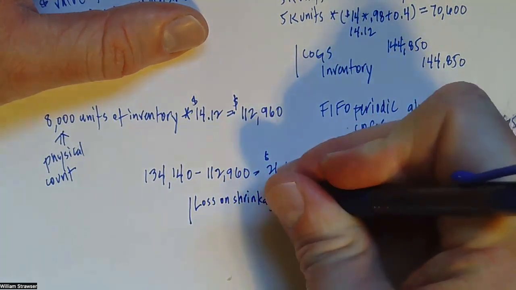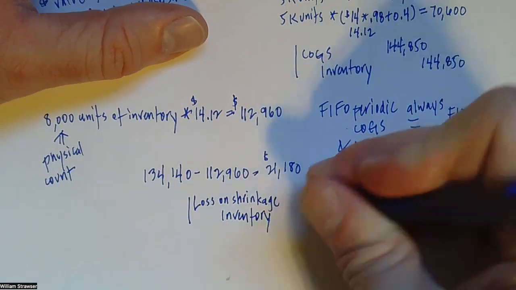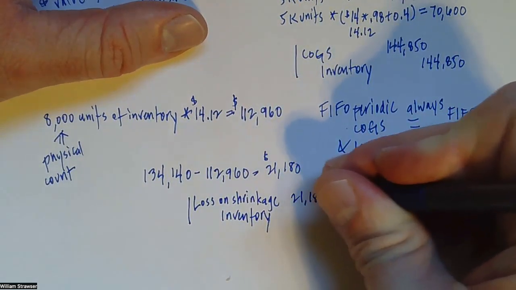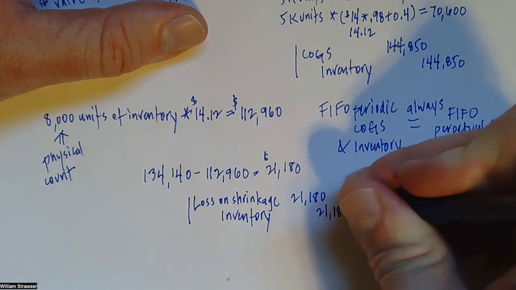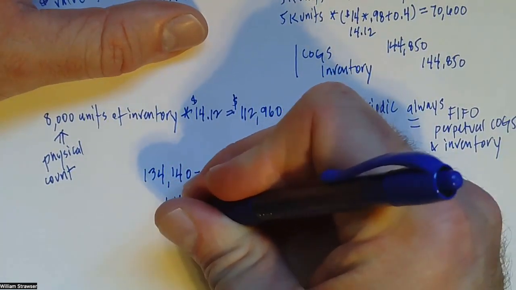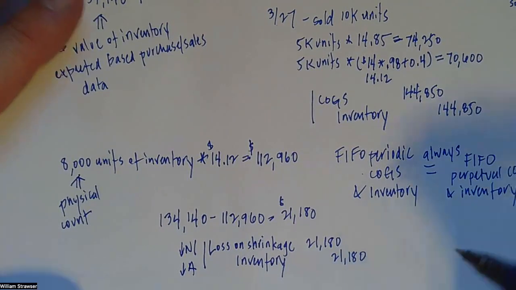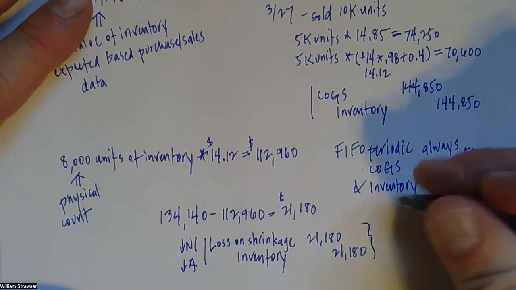That gives me a loss on shrinkage and a credit to the inventory account for that amount. And the loss on shrinkage is an operating expense. It is an effect to net income. Of course, the credit to inventory reduces my inventory. I need to then update the T account here because this is an adjusting entry.